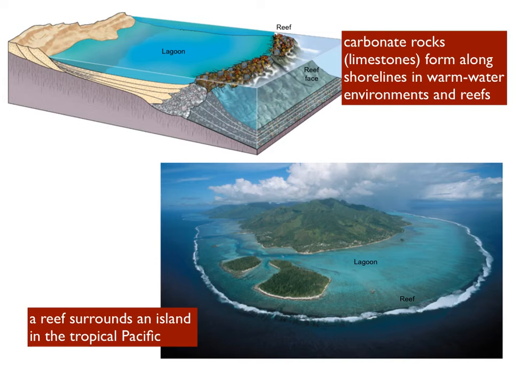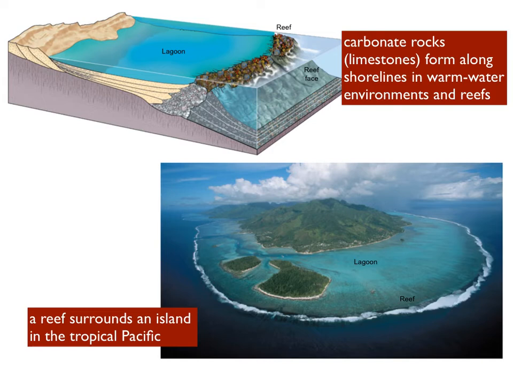Carbonates. So we've only been talking so far about clastic sedimentary rocks, but let's not forget biochemical and chemical sedimentary rocks. These can definitely form in shallow marine environments. So carbonates, things like limestone and dolostone, they like to form in shallow, warm, oceanic conditions. So imagine coral reefs and things like that typically rim islands around the equator.